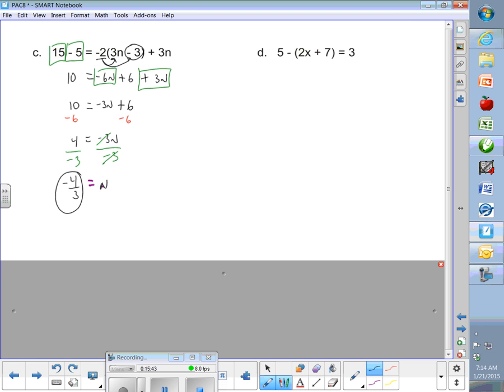All right, look at D. In the world of distributing, you have to be careful because we do have this negative in front of this parentheses. Now, when you get better, you'll just distribute the negative. But in the meantime, students like to think of it as a -1. It's exactly the same thing. And if you distribute that -1, you'll be in great shape.